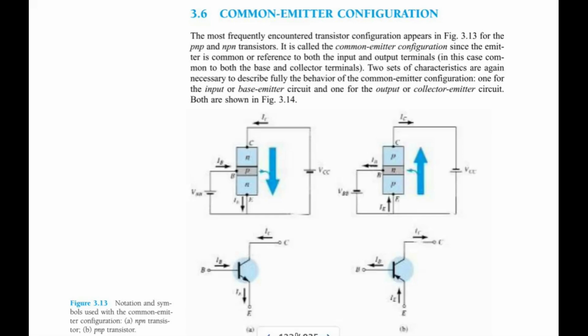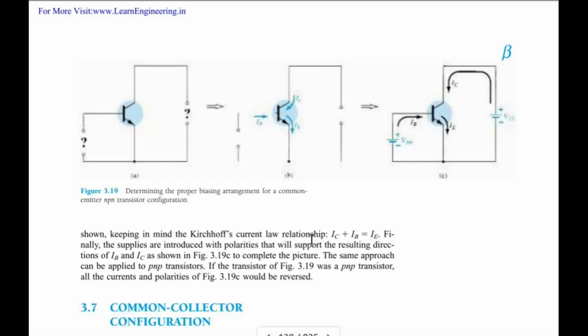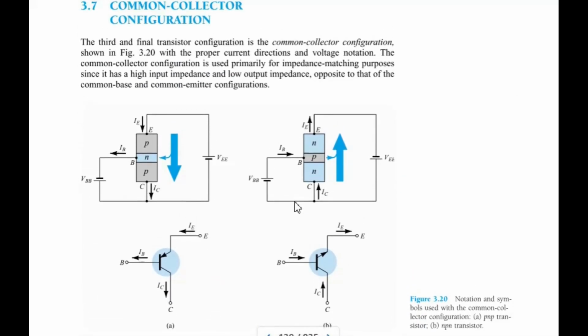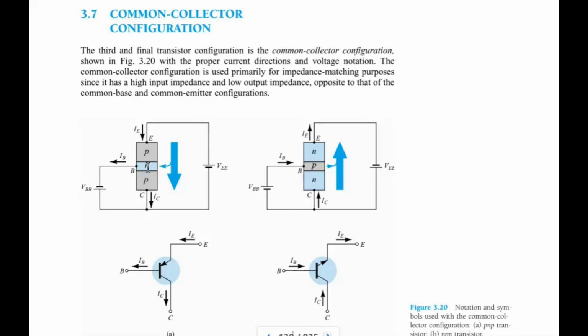Now we will talk about the common collector configuration. In common collector configuration, you can see that we are using a PNP transistor, and the battery terminals are a bit opposite. On this side the lower side has positive, and on this one the positive is on the top side.